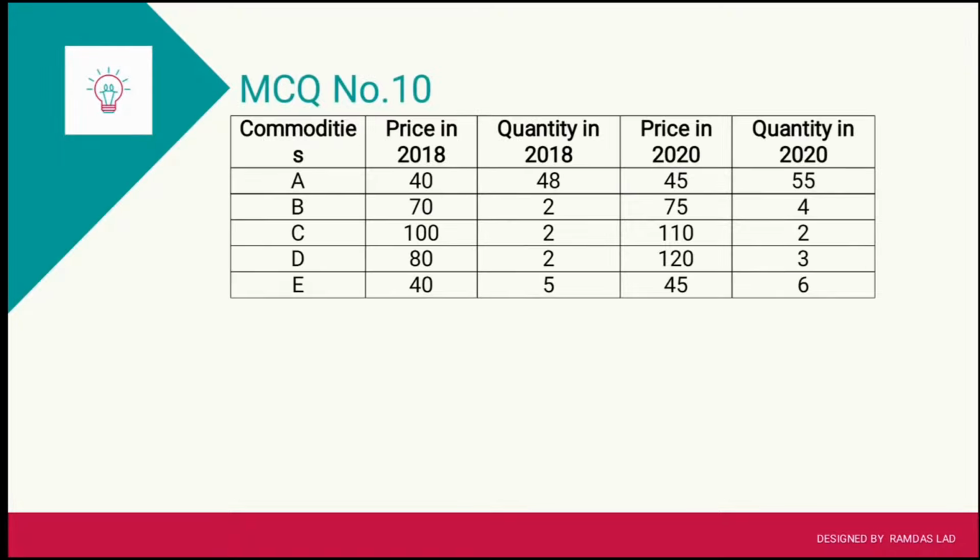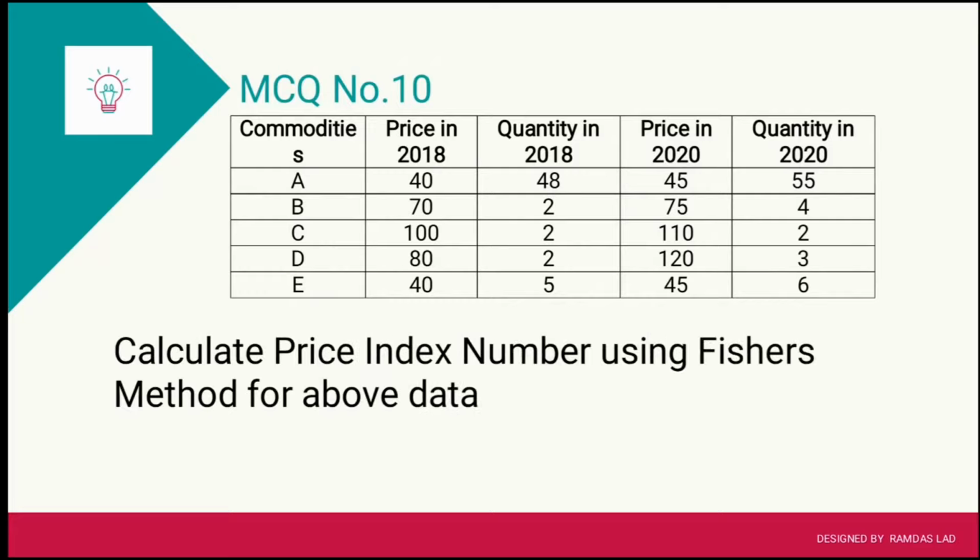Next question, question number 10. Again here the same chart is given, and the question is calculate price index number using Fisher's method for the above data. So here you have to use the Fisher's method to calculate index number.